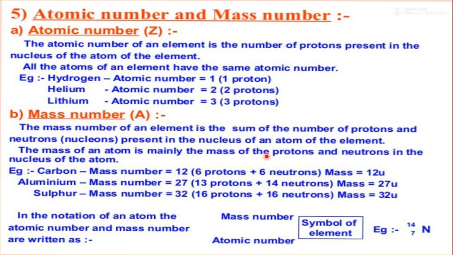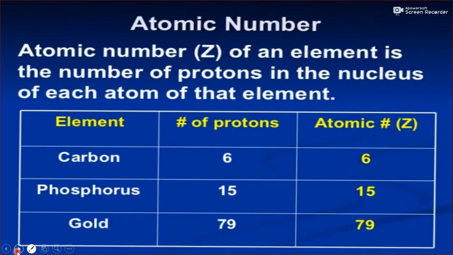So the sum of the protons and neutrons is known as the mass number. Like in the case of carbon, carbon contains 6 protons and 6 neutrons. So 6 and 6, 12. So its mass number is 12. Aluminium contains 13 protons and 14 neutrons. So the sum is 27. That is the mass number. Same is with sulfur. Let's discuss in detail about atomic number and mass number.